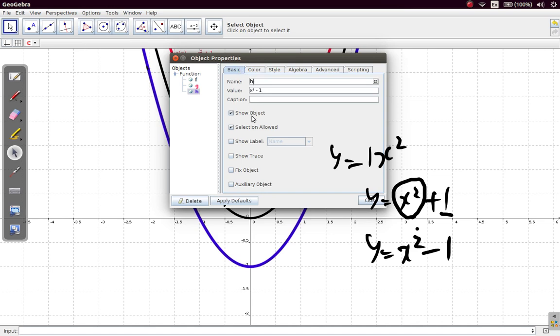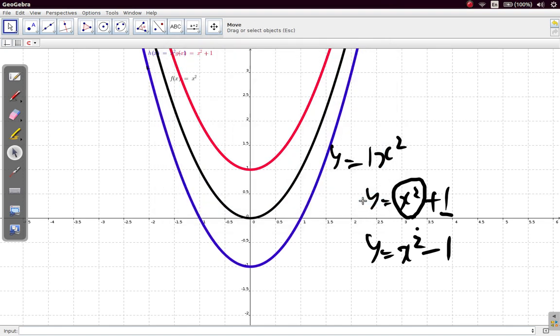And I want to see the label of it. Alright, so in blue, in the software it doesn't say y, it gives me g of x, h of x, f of x, and so on and so forth.